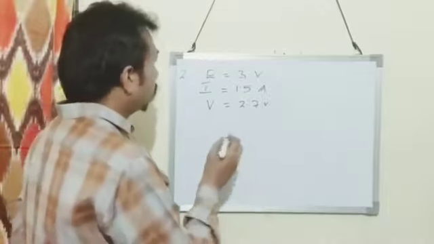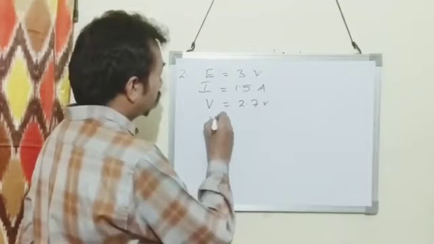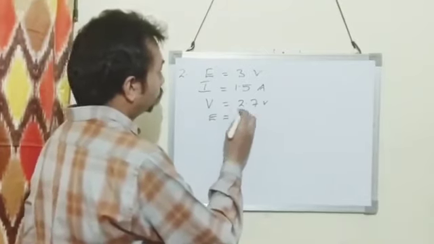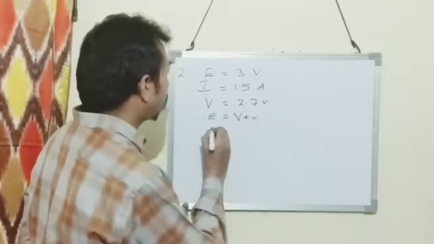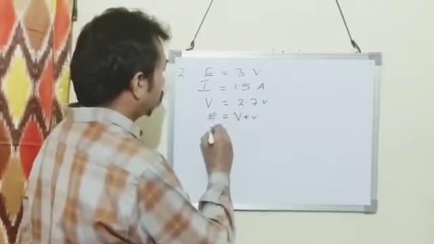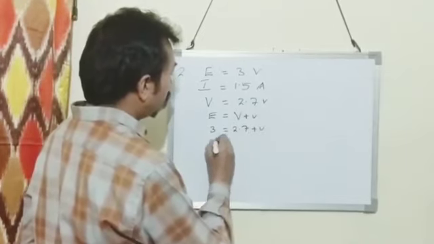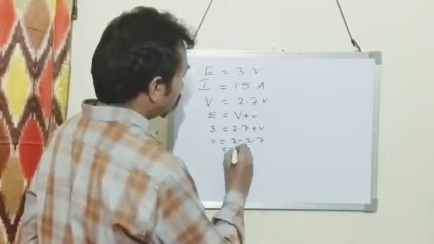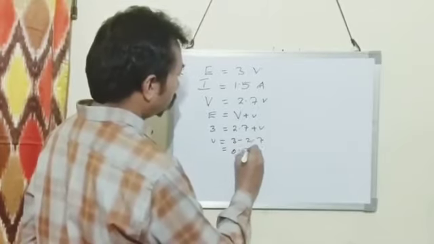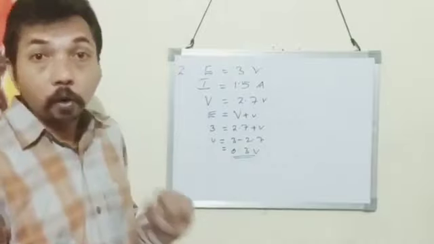So first of all we use the formula EMF is equal to terminal voltage plus voltage drop. So that is 3 is equal to 2.7 plus v. So we get voltage drop as 3 minus 2.7, which is equal to 0.3 volt.